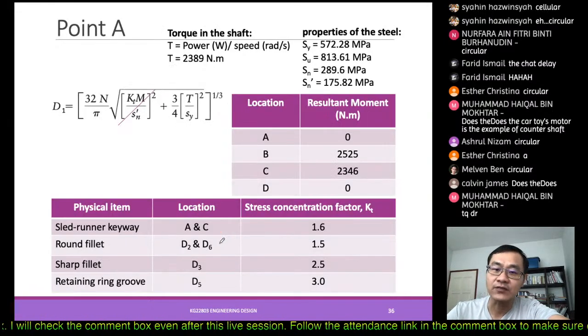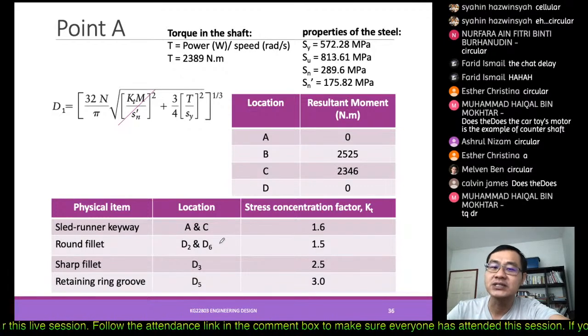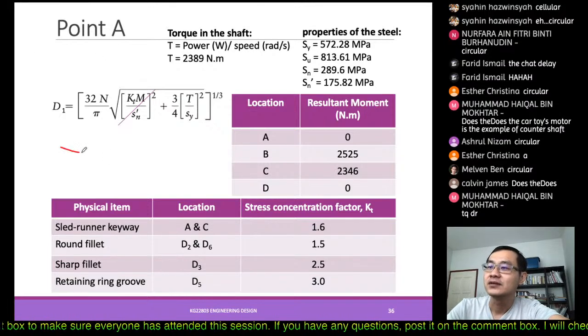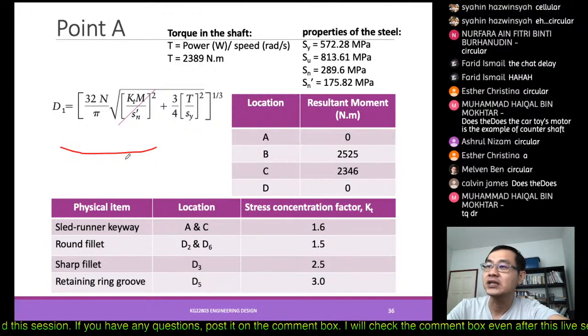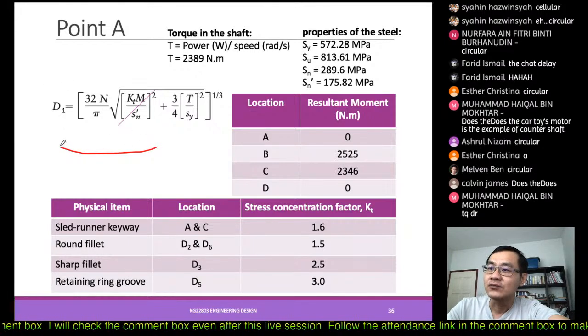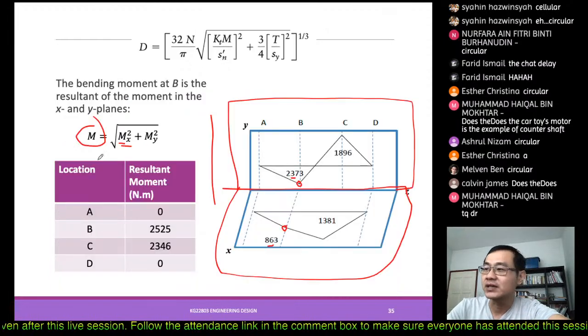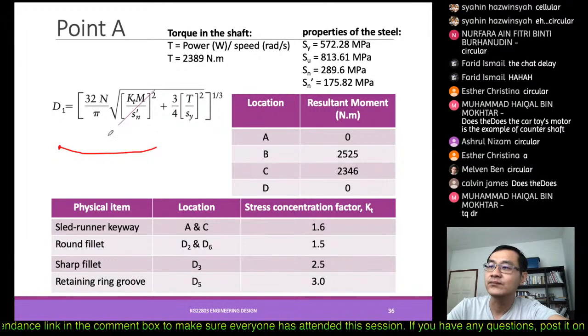Once we have all this information, we just apply our equations depending on the situation. For point A, generally it is due to the bending itself, so we will use these long equations. In this equation, we know that at point A there is no bending moment, so this term disappears.